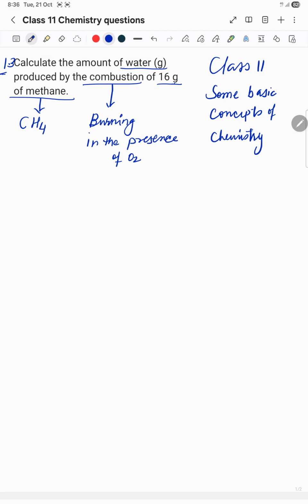After knowing this, we should also be aware of the balanced chemical equation of the combustion of methane. So I'm going to write down the balanced chemical equation. Methane, which is CH4, is a gas.